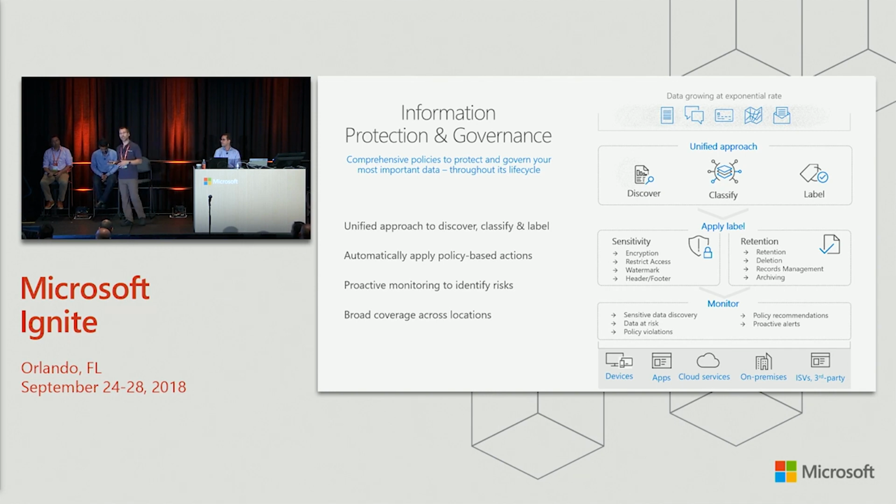And then, of course, we have retention labels, which you use to govern your data, to define how long a given record needs to be preserved for your organization. Do I want to declare it an immutable record? Or when is it critical that it's purged, so I'm not holding on to data that's potentially putting my organization at risk? And then across the board, there's that uniform ability to monitor and detect where that label is applied to the content, how it's being used, and how it's being protected.